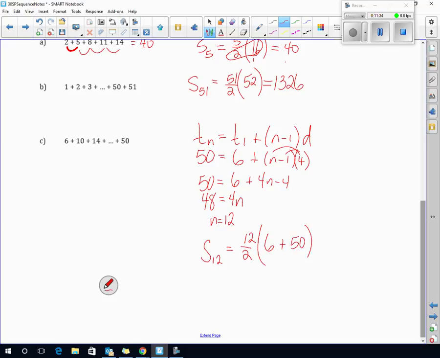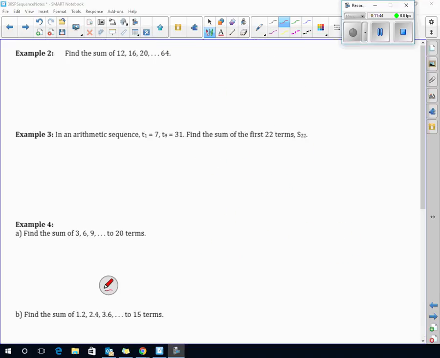Find the sum of 12, 16, 20, up to 64. So what do you think you have to do first? Find n. So first thing you have to do is find what n is. So I'm subbing it in. Tn equals t1 plus n minus 1 times d. So 64 equals 12 plus n minus 1.